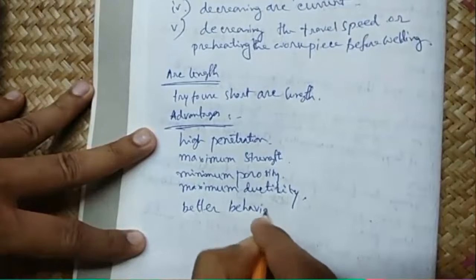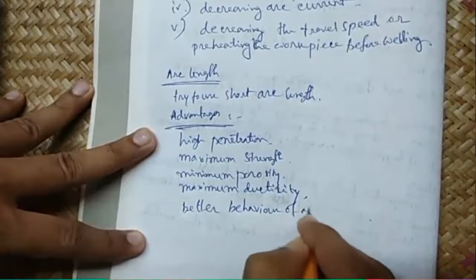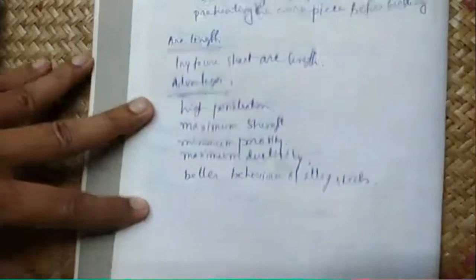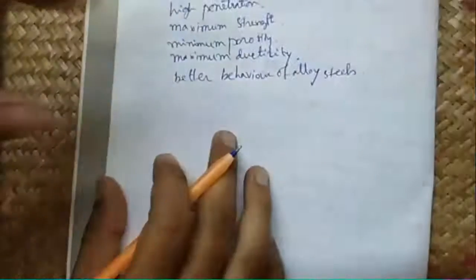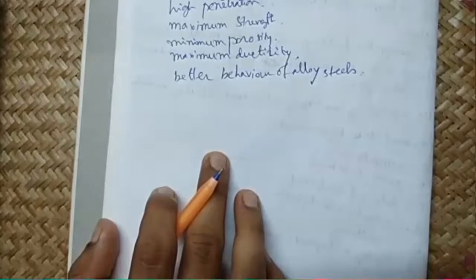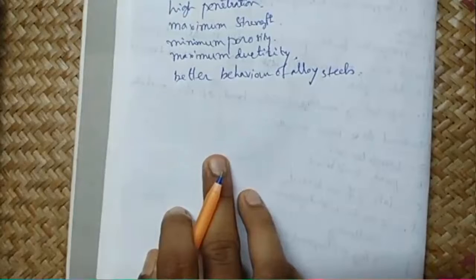Better behavior means better mechanical properties of alloy steels. So you must try to keep your arc length smaller.